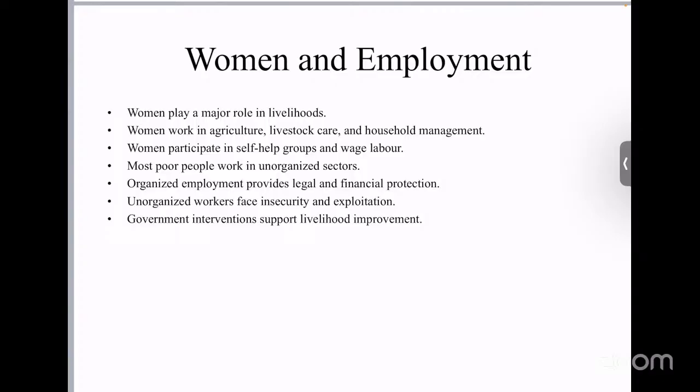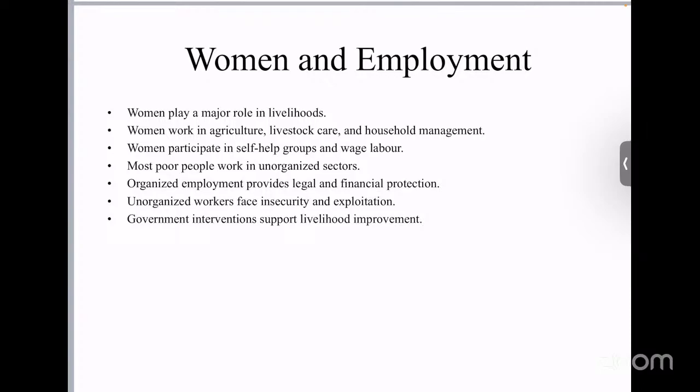We also discussed the four major characteristics in Unit 1, which are income, expenditure, employment, and risk. We also looked into the livelihood principles and changes in Unit 1.